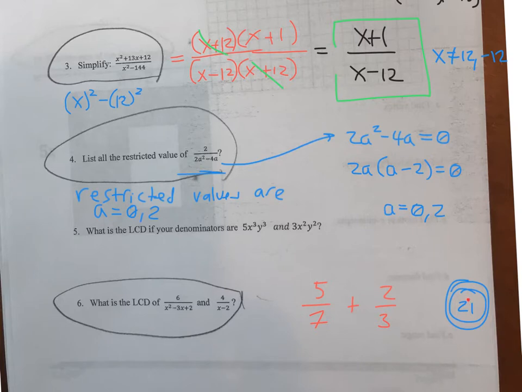Now, I do want to make clear it's only a coincidence that the least common multiple happens to be 3 times 7. It doesn't always work out that way.